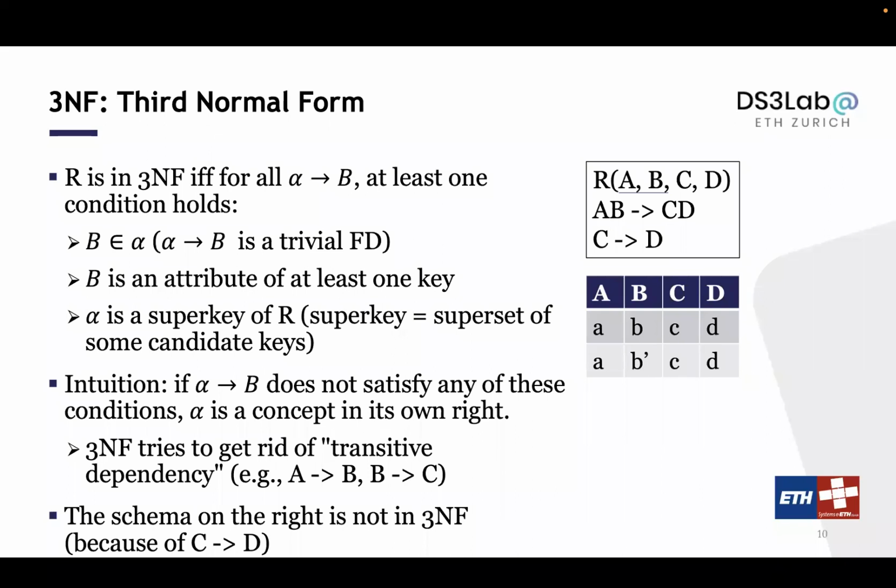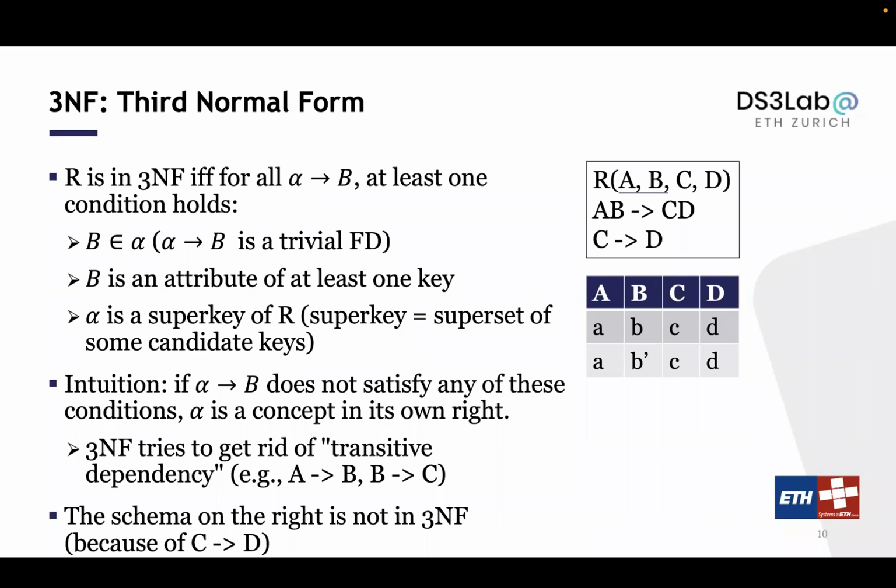If you check all the functional dependencies that you have in your system, from alpha to beta, at least one of the following conditions needs to hold. Either this functional dependency is trivial, that is, the right-hand side beta is a subset, its elements belong to alpha, the left-hand side.